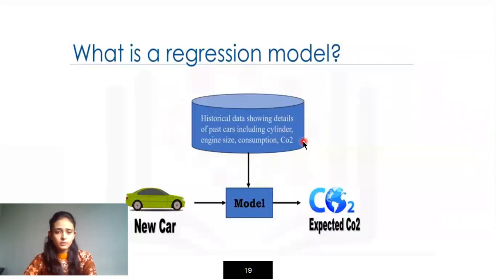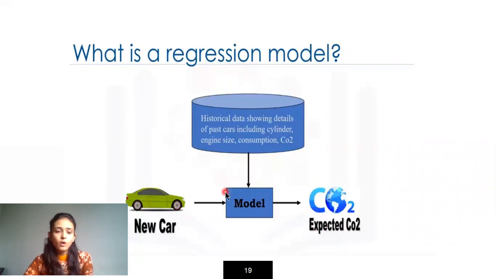Now, how does the regression model work? You have the historical data. Suppose you have the historical data of your 8 cars, and from that historical data you prepare a model. Now I am manufacturing my new car, my ninth car in the company, and I give the data to this model: I have the engine size, the fuel consumption comb, and the total number of cylinders used. I input all this data to the model, and the model will tell us what the CO2 emissions of the car will be.